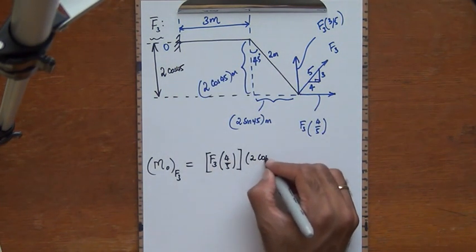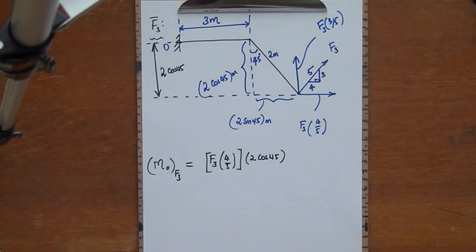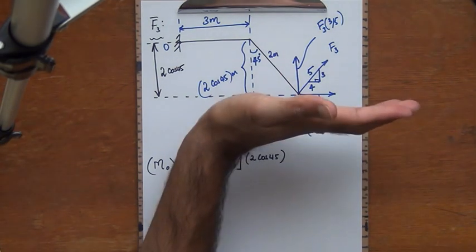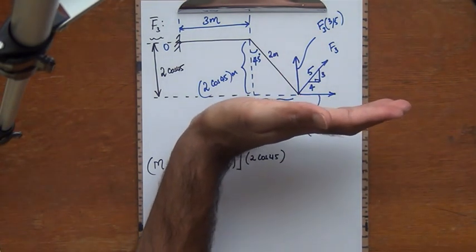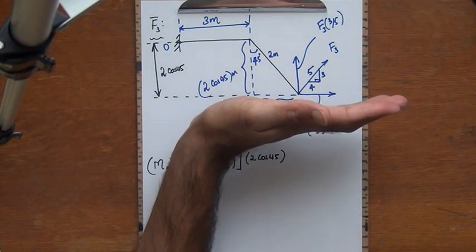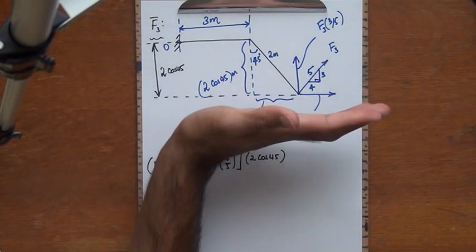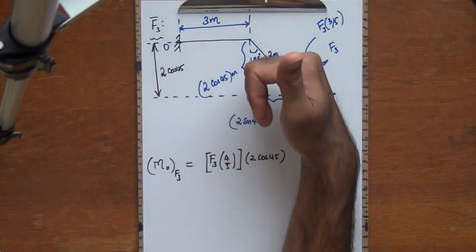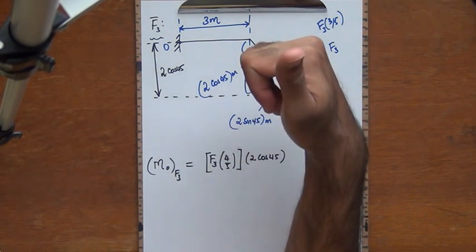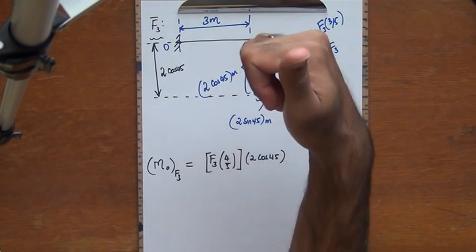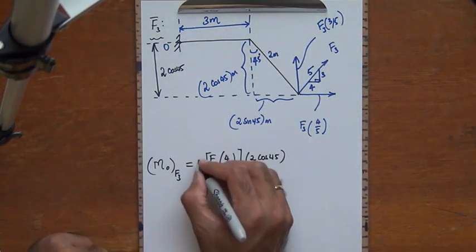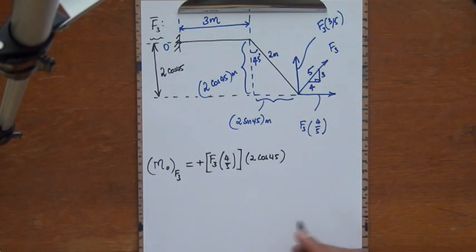What is the sense of the moment? Right hand rule once again, fingers of my right hand aligned with the force F3 4/5, and then I have my palm facing the point of interest. Watch that, it's facing the point of interest. My fingers curl in the counterclockwise direction, and my thumb is going to come out of the board, and so this is going to be a positive sign because it's counterclockwise.